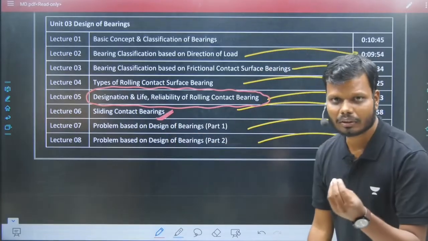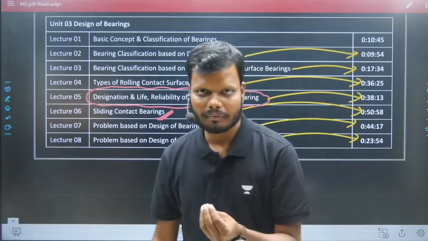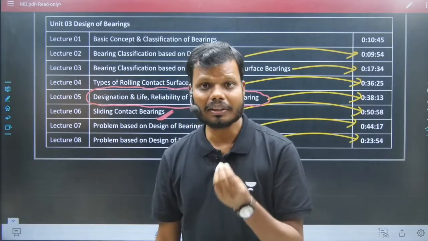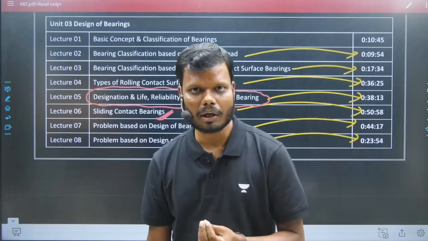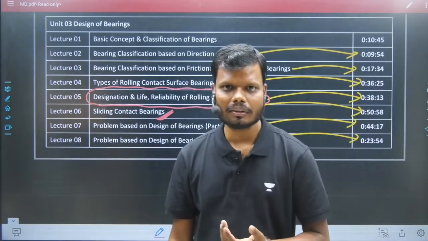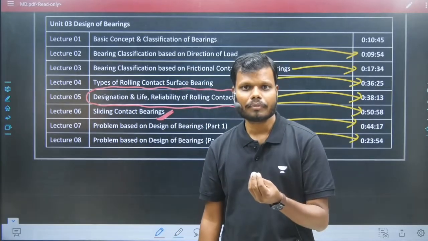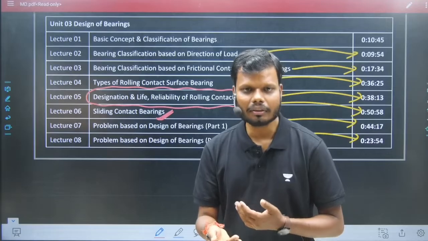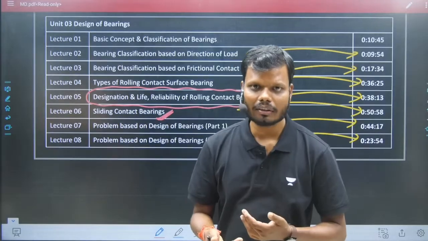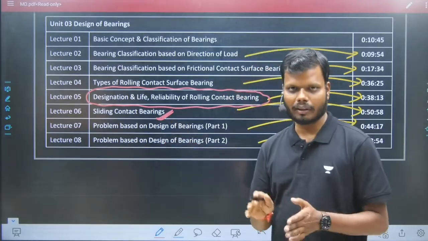So all these concepts: friction circle radius, eccentricity problems, Petroff's results, how to calculate frictional forces, torque, and power losses in sliding contact bearing.